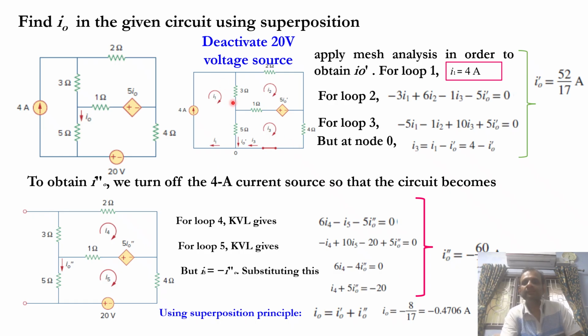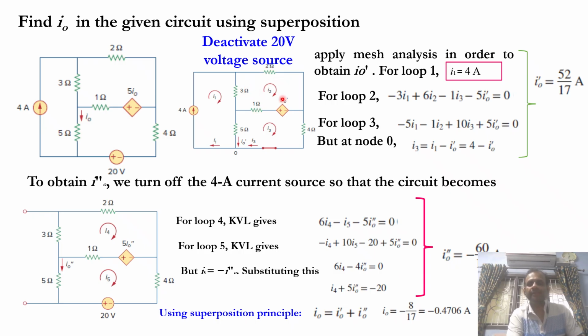Minus 3I1. So you have a 2 ohm resistance at the top, 3 plus 2, 5 plus 1, 6.